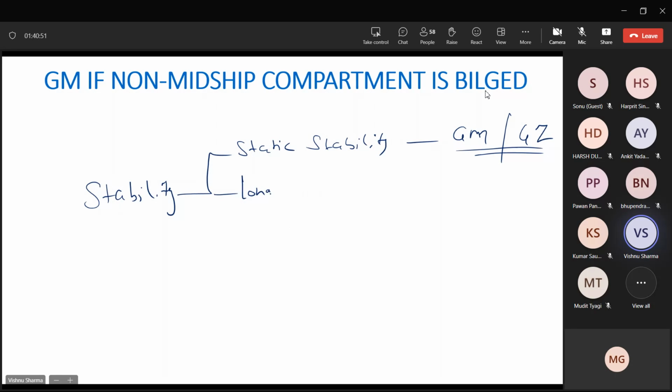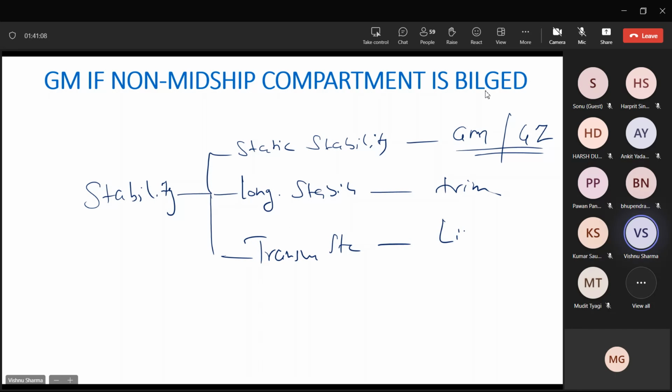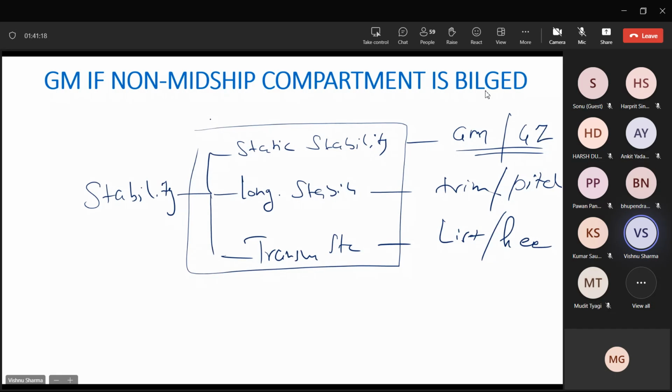Second is the longitudinal stability. Trim is the measure of the vessel's longitudinal stability. Third is the transverse stability. List or heel pertain to transverse stability, while trim or pitch pertain to longitudinal stability. These are the three components. The ship stability can be divided into three distinct components.